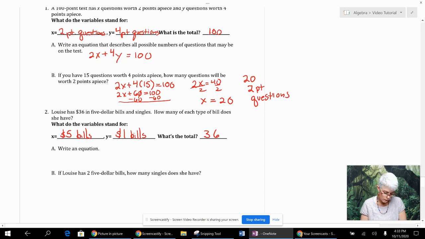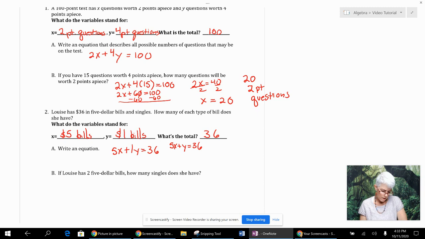So I'm going to write an equation. The 5 will go with the x and the 1 will go with the y. I don't really need to write that 1, so I'm going to rewrite it 5x plus y, just so you can see you don't need to put the 1 in front of a variable.